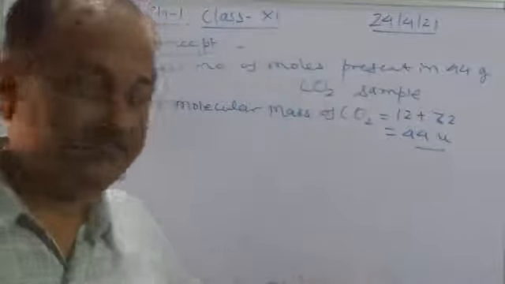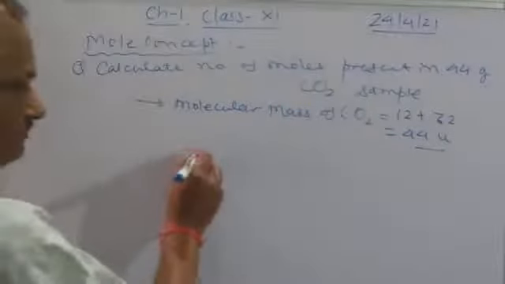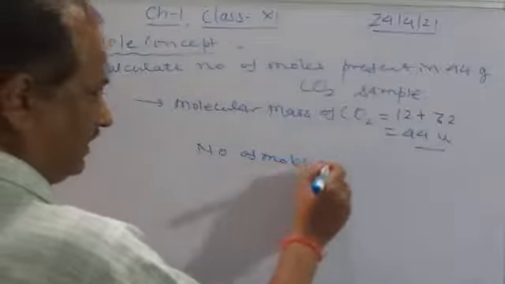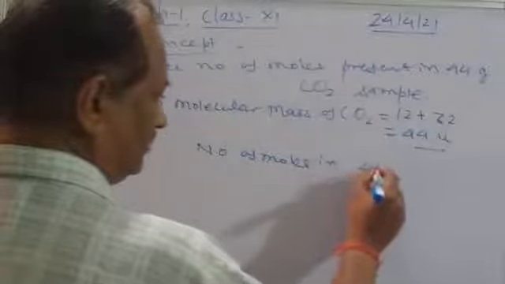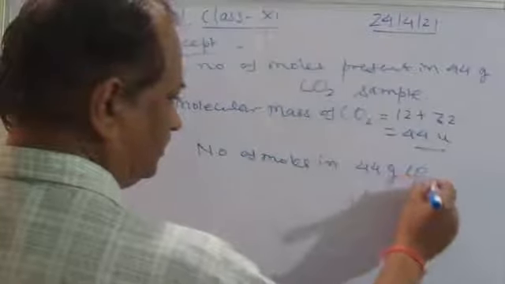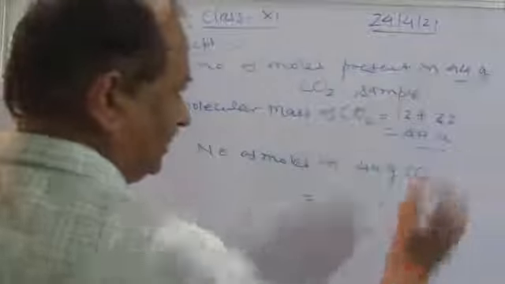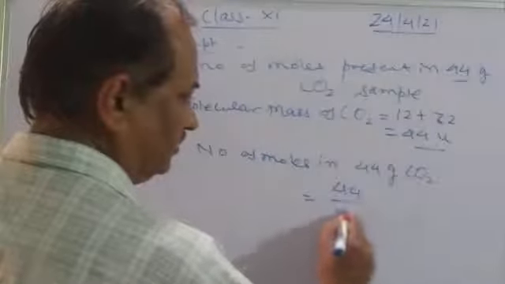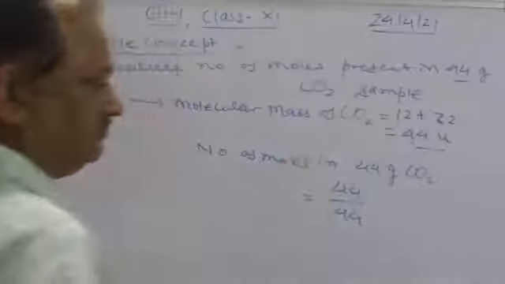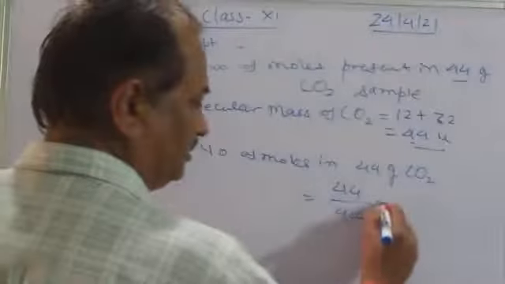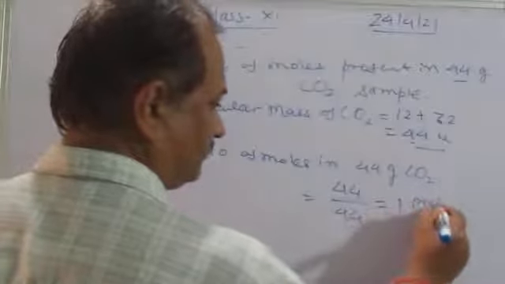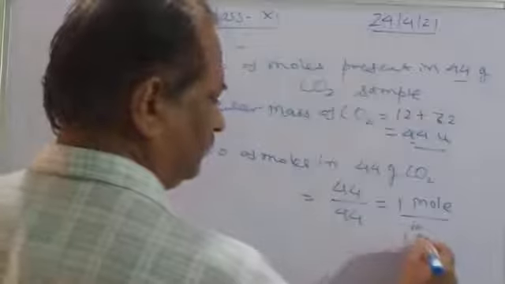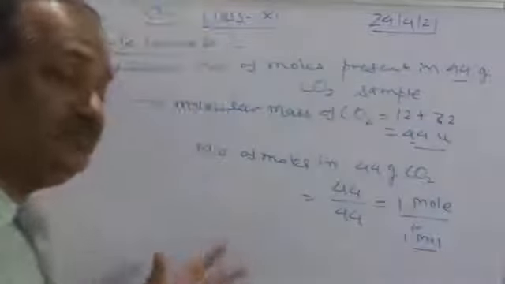It is 44 U. Now the number of moles in 44 gram CO2. Here it is 44 upon this molar mass 44, so it will be equal to 1 mole. Both are correct, just as explained.